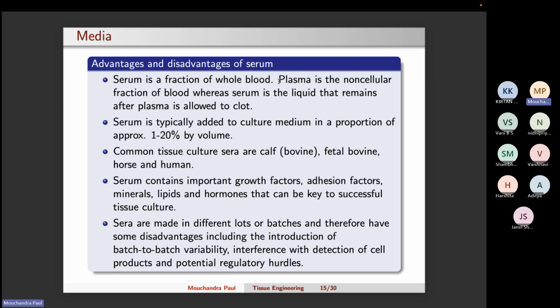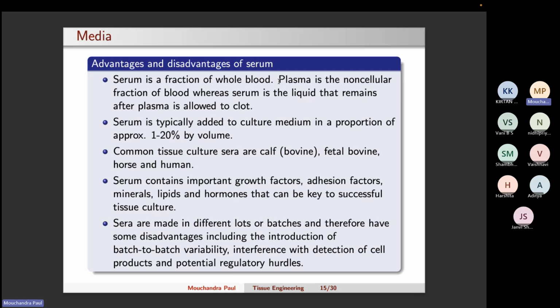Since you are using different animals, to make say 100 bottles, the composition of serum in these hundred bottles will be slightly different from the next batch of 100 bottles that is sourced from another animal. So there is a batch to batch variation that can be present in serum.